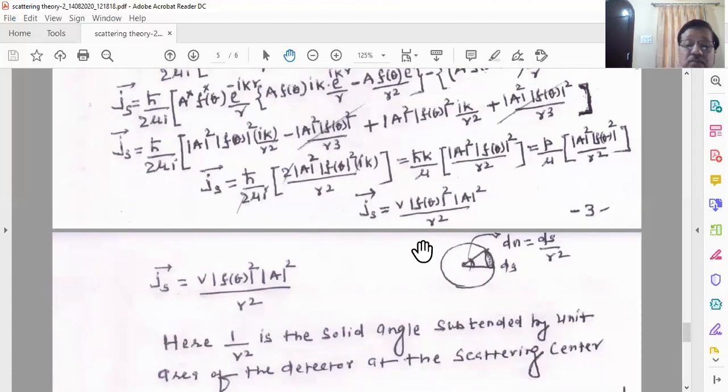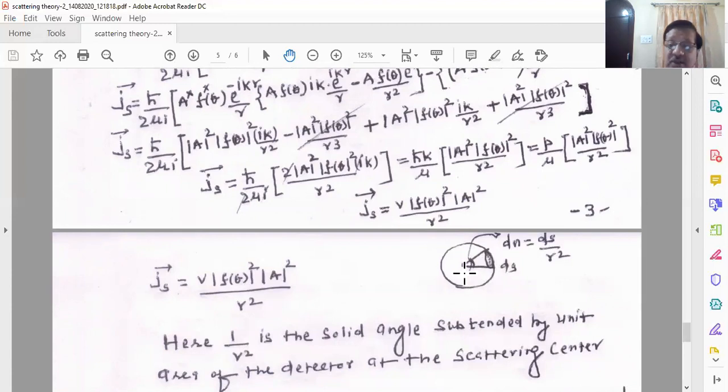So here, this 1 upon r square is the solid angle subtended by the unit area of the detector at the scatterer center. dS over r square is the solid angle subtended by dS area of, let us say, the detector at the scatterer.